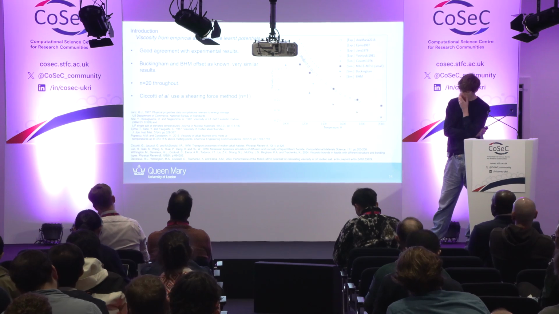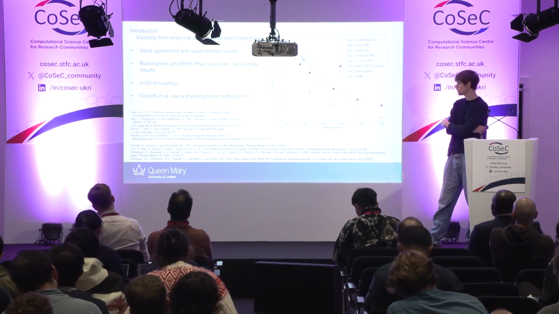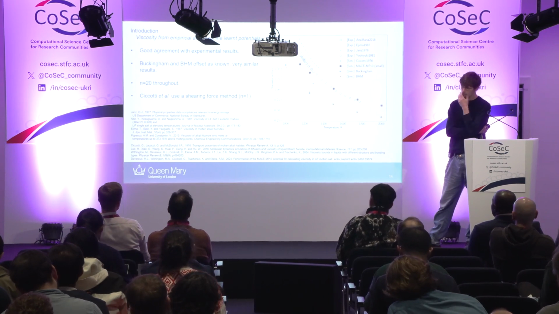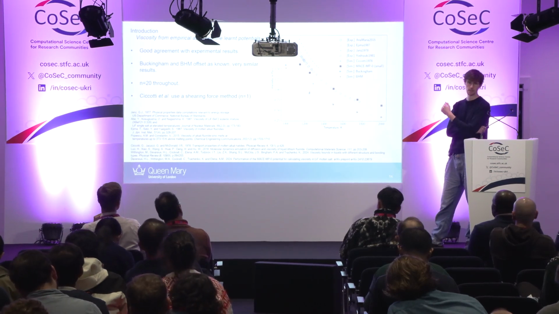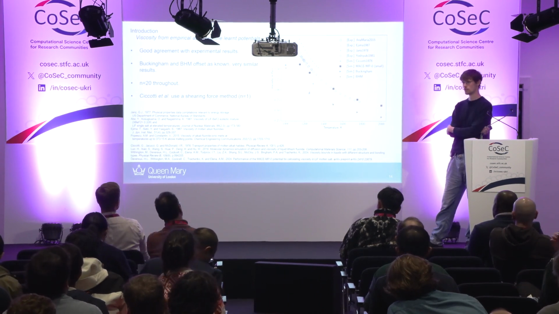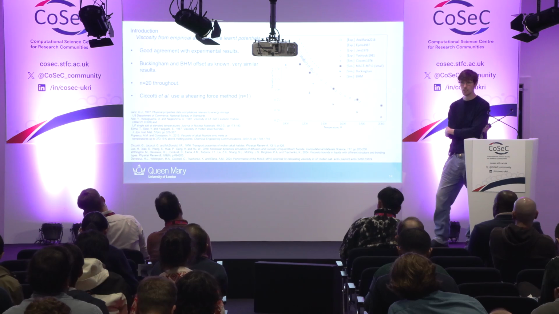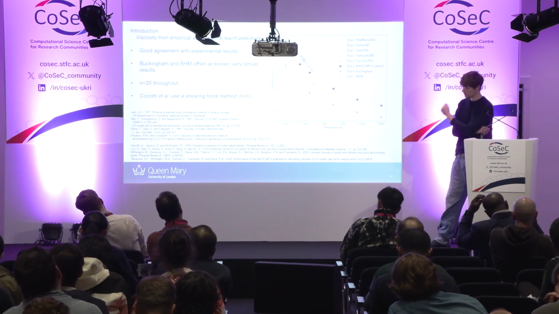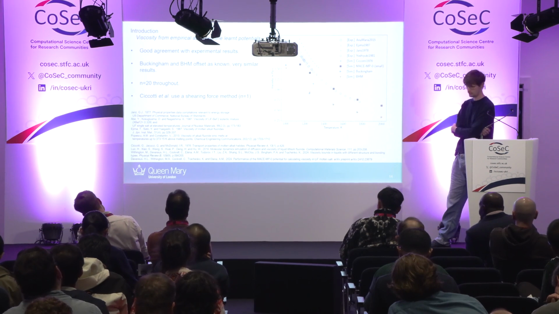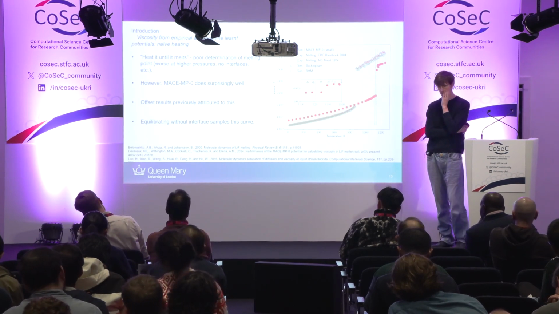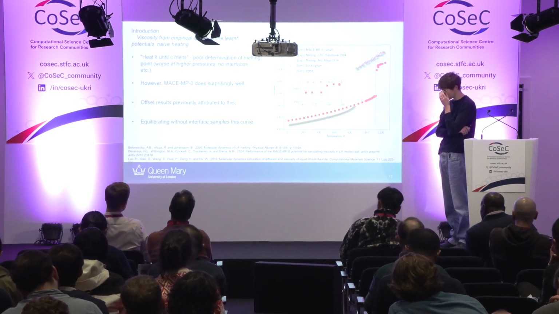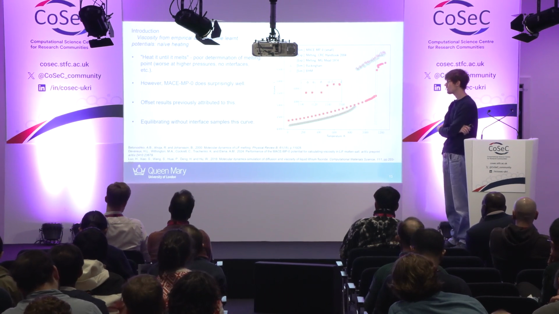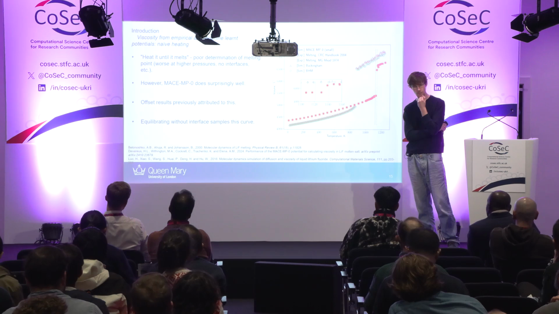One thing we're interested in is why you would have this offsetting. In other works calculating viscosity for lithium fluoride and other molten salts, this has previously been attributed to early melting. If you heat your crystal, it's known that the Buckingham and BHM models will melt too early, and this has been attributed as the reason for the offset in the results. So we wanted to look at that by looking in detail at equilibrating and melting these crystals. There are a number of methods you can use for this. One of the most naive is to heat the crystal, but this doesn't give you an accurate melting point.